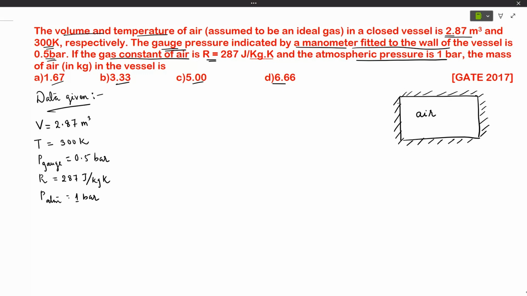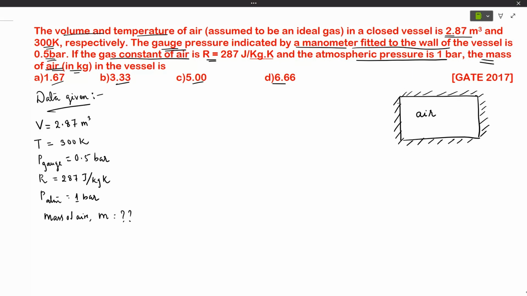Now the question arises: what are we going to calculate? It is mentioned that the mass of air, in kg. So we consider the mass of air, M, which we have to find out.